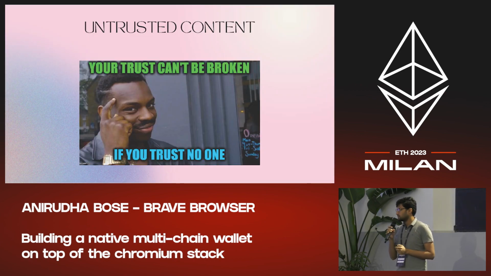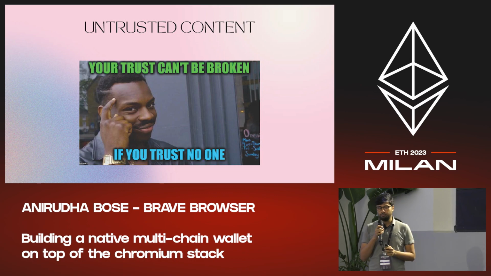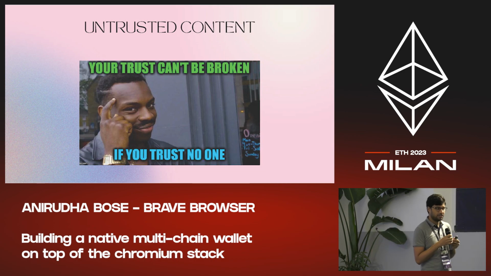What about untrusted content? So pretty much anything coming from the outside world. So that would include images, HTML content, XML, responses from third-party APIs. They are all untrusted content. We don't want them to impact your wallet or crash your browser, and so on.